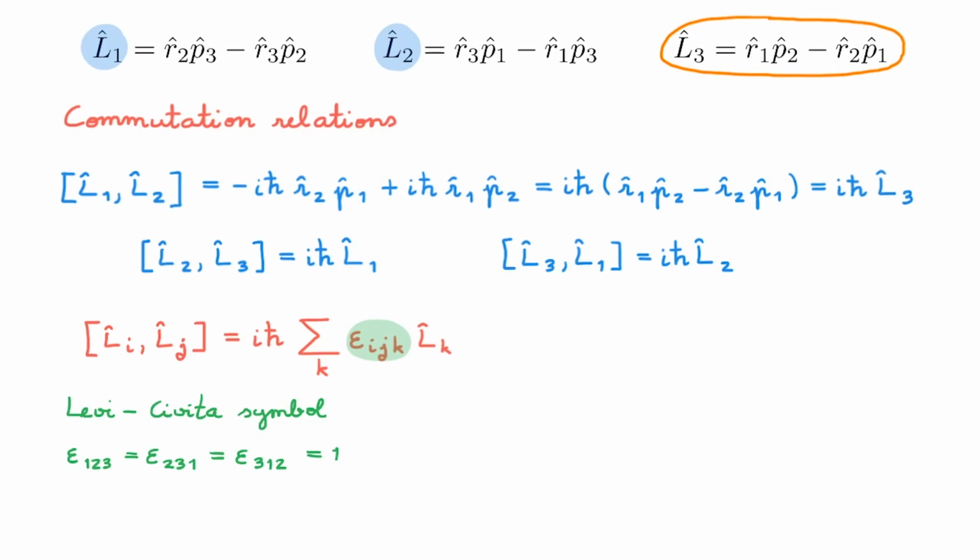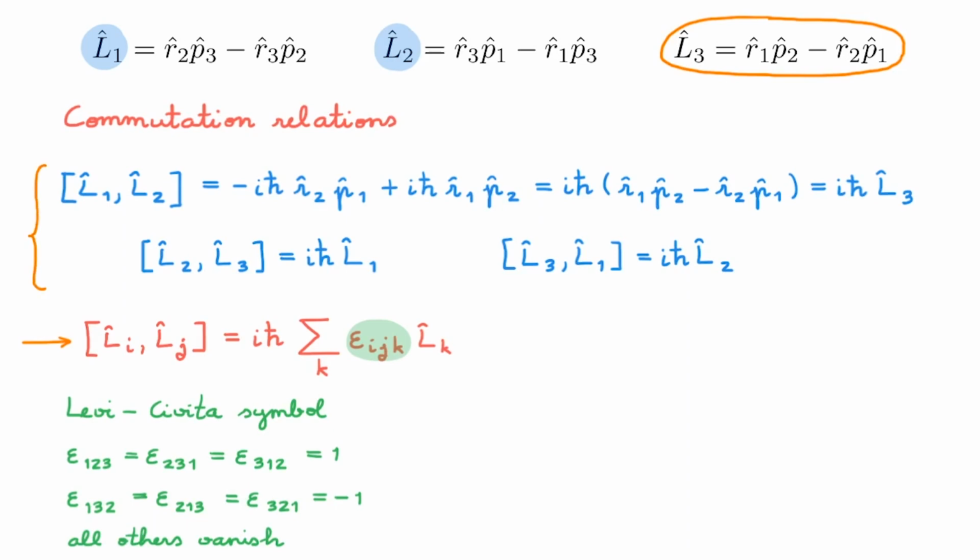If all subindices are different, but they appear in a cycle that does not have the order 1, 2, 3 or a cyclic permutation, then it is equal to -1, and all others vanish. If you have encountered the Levi-Civita symbol before, fantastic. If not, don't worry. It is simply a convenient way to write our expressions in a more compact form. But you should convince yourself that this compact form is equivalent to these relations up here.